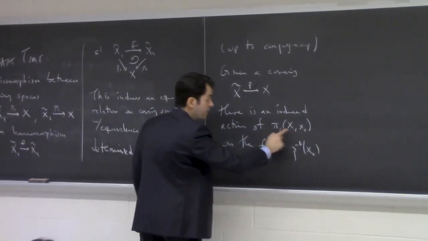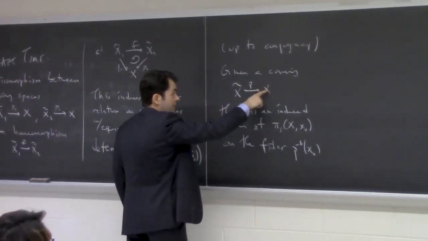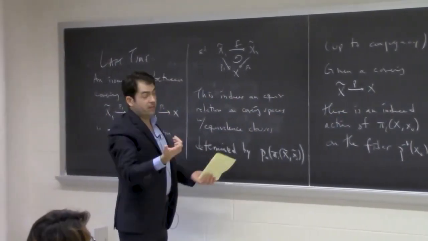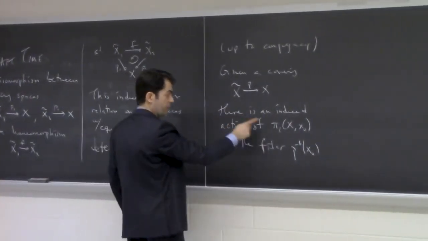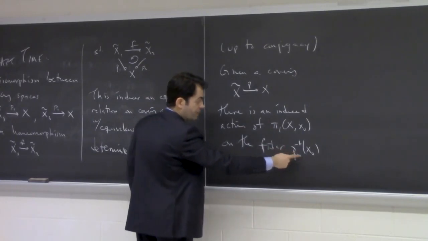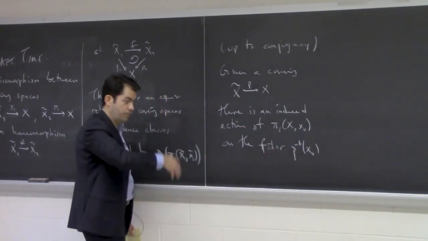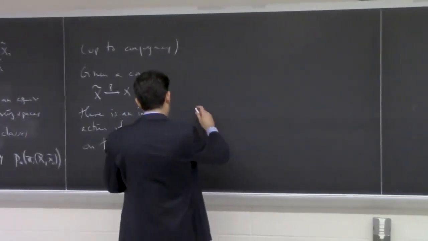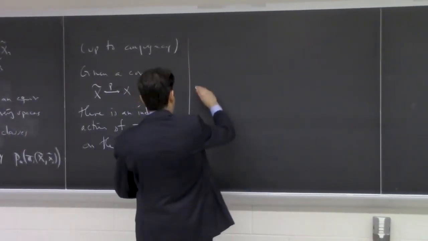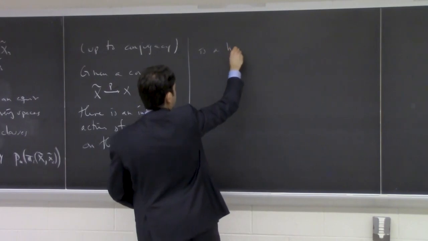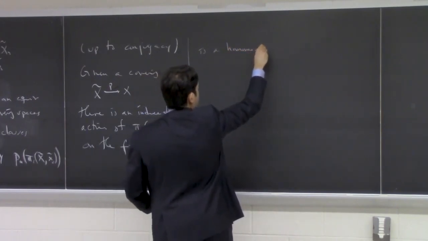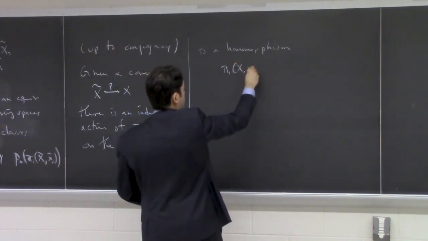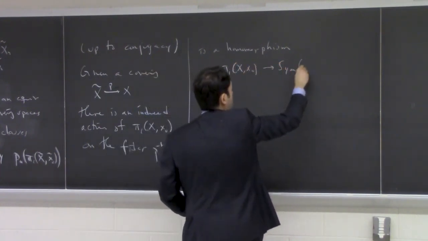So elements of here are represented by loops down here, but as we know, you can lift a loop and then it becomes a path, right, that might do something more interesting up here. And so in particular, it gives you an action on the fiber. It gives you a bijection. Right? In fact, this is a homomorphism between the fundamental group and the symmetries.